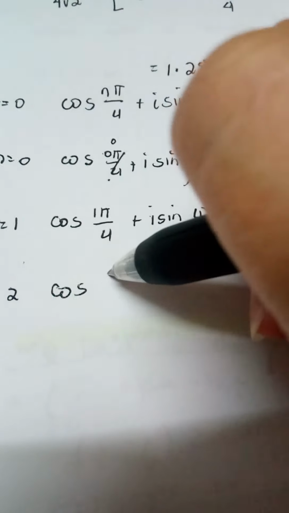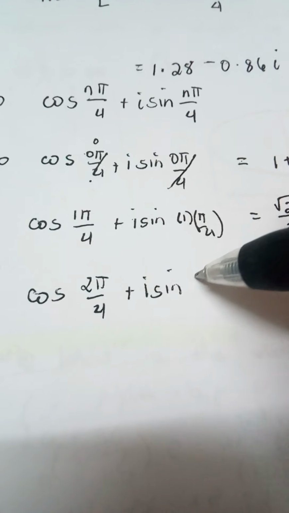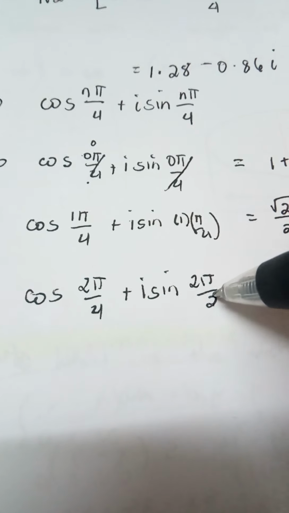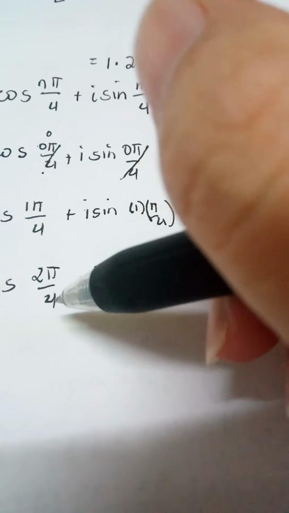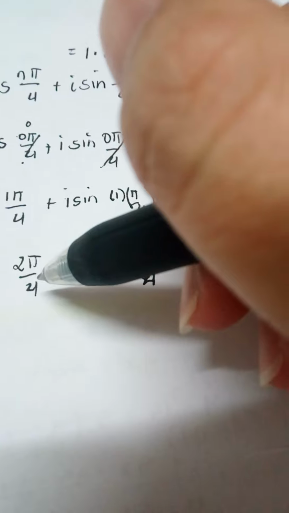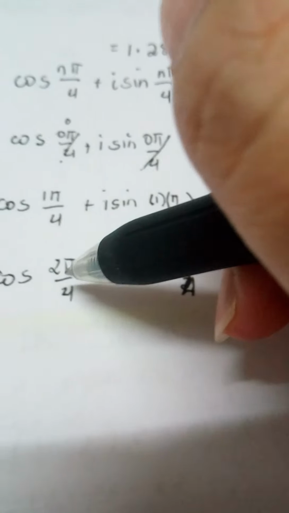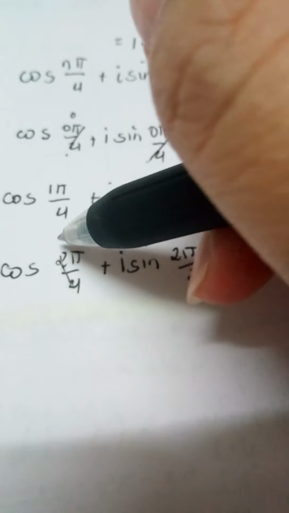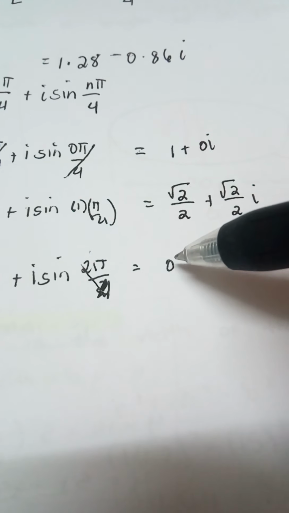Next, when n is equal to 2, cosine 2 pi over 4 plus i sine 2 pi over 4 equals pi over 2. So cosine is 0, and sine 90 is 1, so 0 plus 1i.